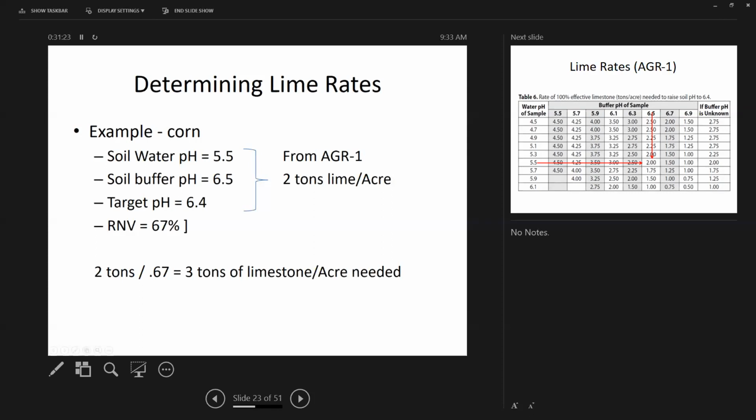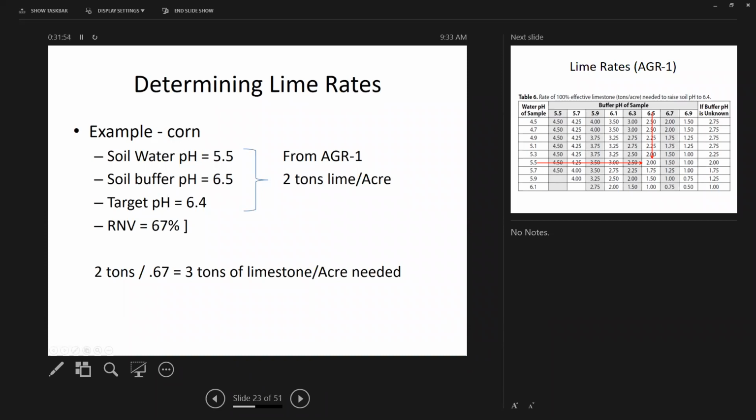But kind of like calculating how much nitrogen I need if I'm using ammonium nitrate versus urea, you take your rate and divide it by that percentage. So in one, it's 67% effective. So 2 tons divided by 0.67, just like we would have done that fertilizer calculation last week, works out to 3 tons of actual limestone coming from a quarry with the R&V of 0.67.